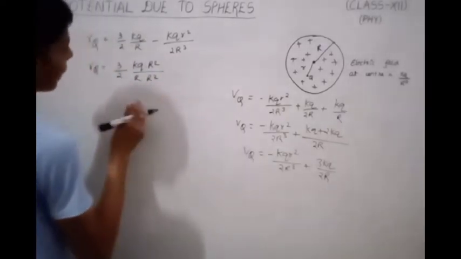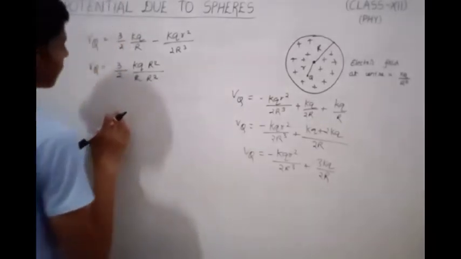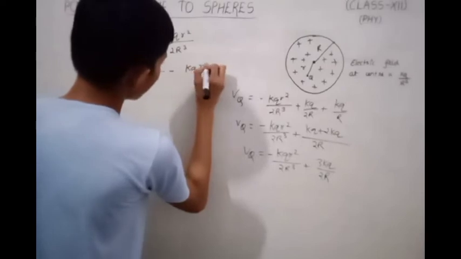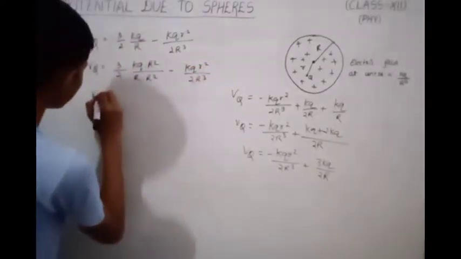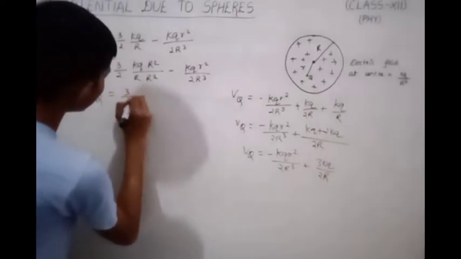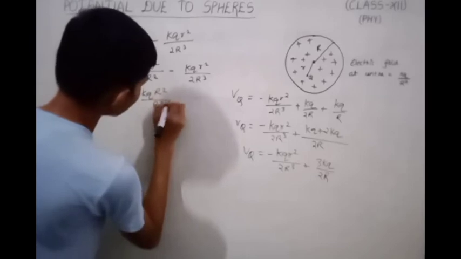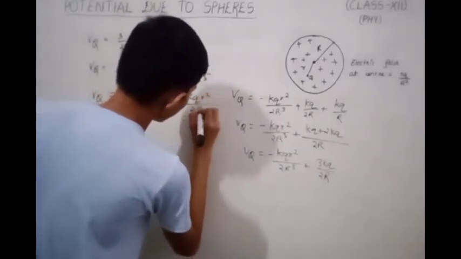Dividing and multiplying a term with the same number does not change the value of the term. Then this equation becomes 3 by 2 kq R square divided by R cube minus kq r square divided by 2R cube.